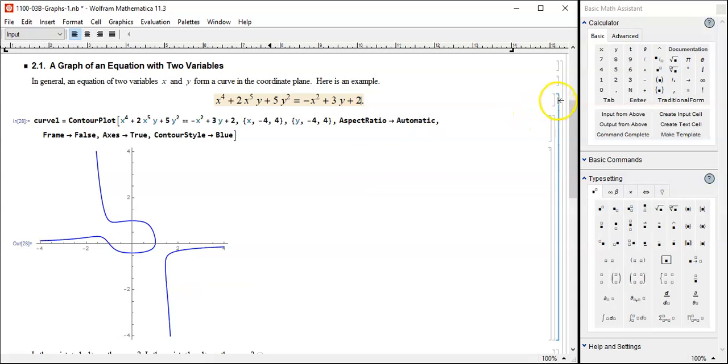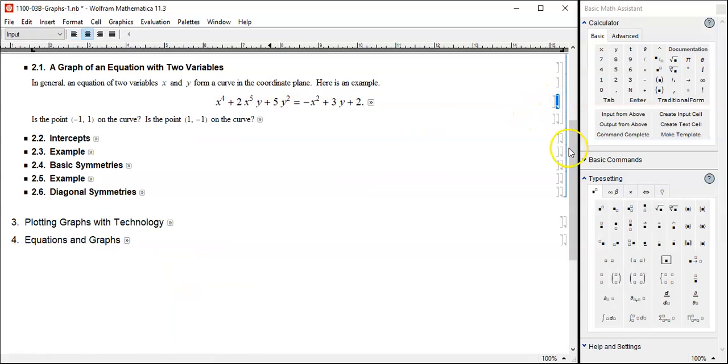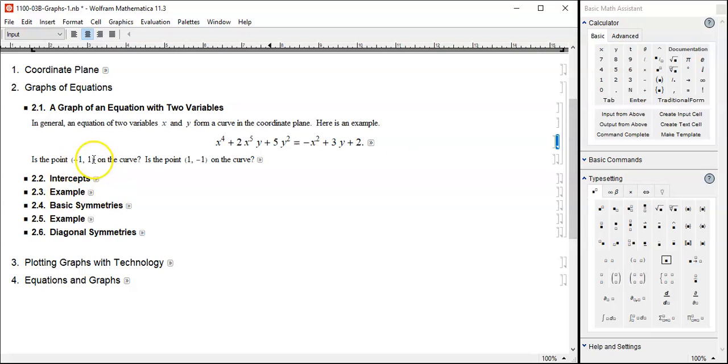Here are some questions that you have to answer. Is the point (-1, 1) on the curve? What do you mean by (-1, 1)? Well, in the Cartesian coordinate system, every point is represented as (x, y), a pair of real numbers, right? And x, the first one, is horizontal to the right, and y, the second one, is vertical upward.